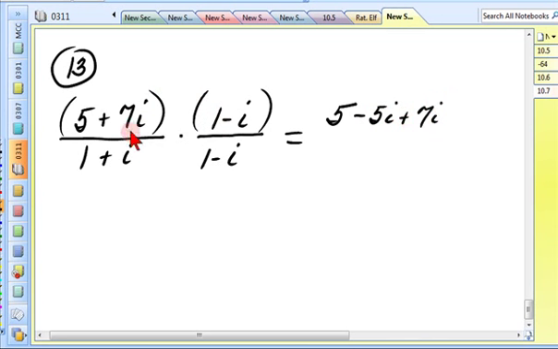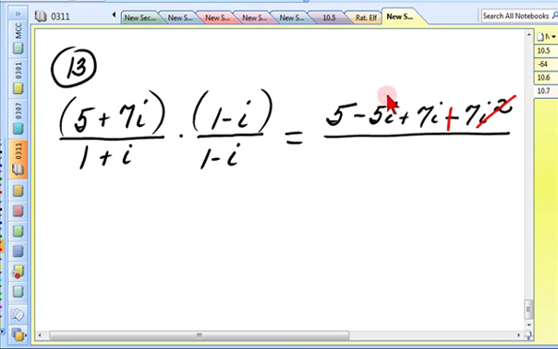And the product of the last, I have a positive 7i times a negative i gives me negative 7i squared. What shall I change? The i squared. All right, i squared goes to negative 1, which makes that now a plus 7.